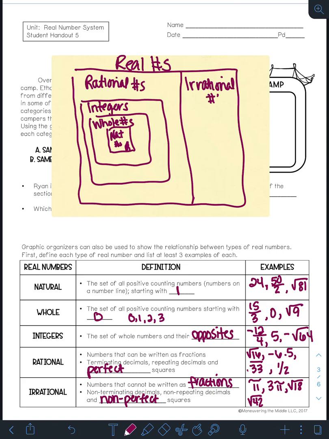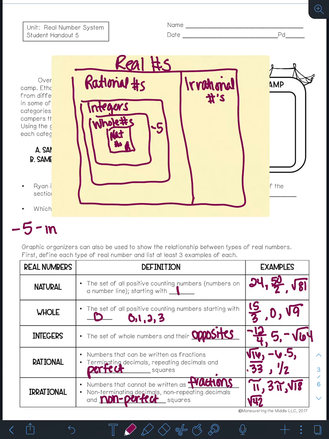Now, earlier it said which section would Ryan most fit in. I want to talk about how this works whenever it comes to labeling numbers. So if I gave you a -5, -5 would fit best into integers, right?